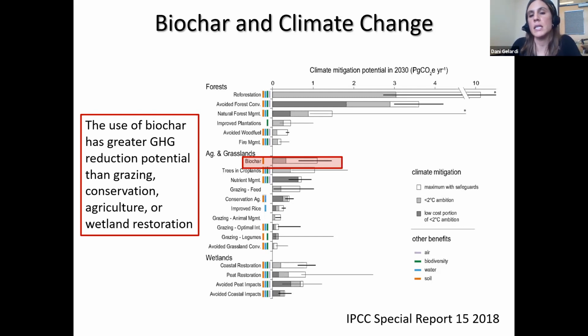But interestingly, in this study, they model all of these different climate change mitigation strategies that can be used in working and agricultural lands, or natural and agricultural lands. So forests, wetlands, ag lands. And what they found was that biochar has a greater greenhouse gas reduction potential than grazing, conservation agriculture, or wetland restoration. And I want to point out that they are not actually modeling the secondary climate benefits of biochar use.